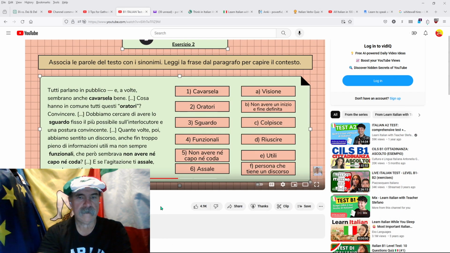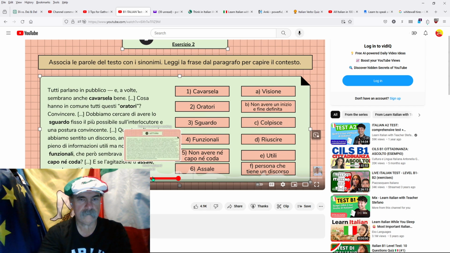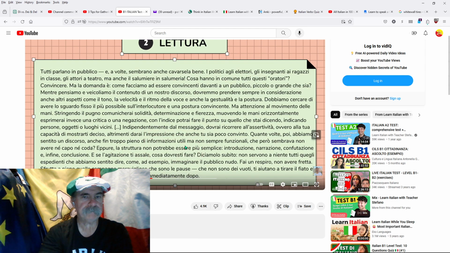So I've got 1 and 6, Asale, which I have no idea what it means, and Caversella. Now, I guess I could go back and try to figure out what it means from the paragraph, assuming they're in the paragraph.